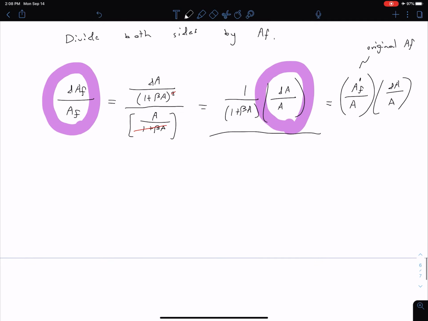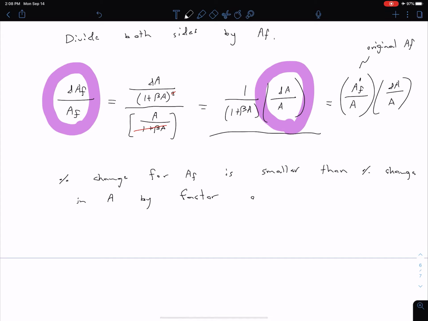By comparing these two areas circled in purple, we see that the percent change for our closed loop gain, A sub f, is smaller than the percent change in our open loop gain, A, by this factor of 1 plus beta A. Again, this change in A is arising from changes in individual transistor parameters.